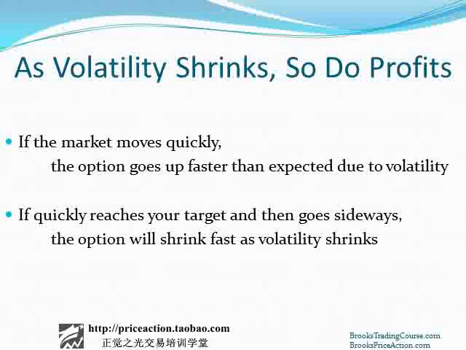And if the market suddenly reaches your target and then starts to go sideways, the value of the option will shrink very fast as volatility shrinks. So if you have a big profit on a very quick move, the option is extra inflated because of the quickness of the move. You should always take at least half, sometimes all of the position off.